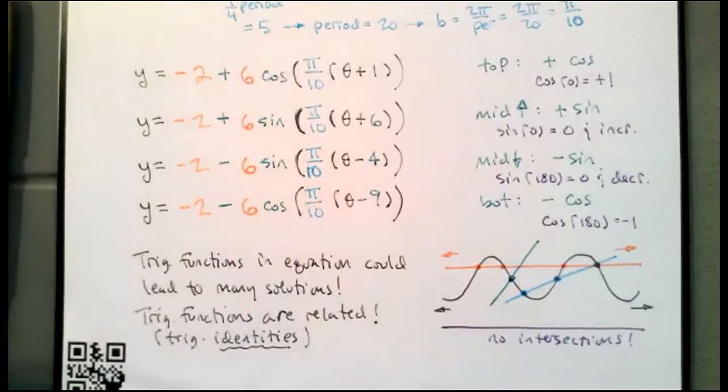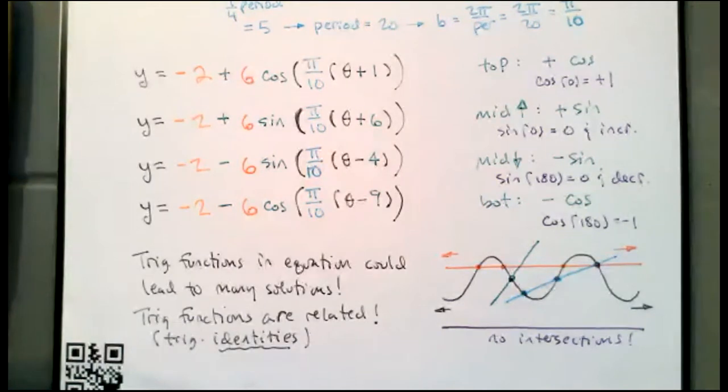We describe the relationships between trig functions with what we call trig identities. An identity is just an equation that's always true. And we've seen some of these already, like cosine squared x plus sine squared x equals 1. That's a trig identity expressing a relationship between sine and cosine. That's a nice general one that's very useful, and we know where it comes from.